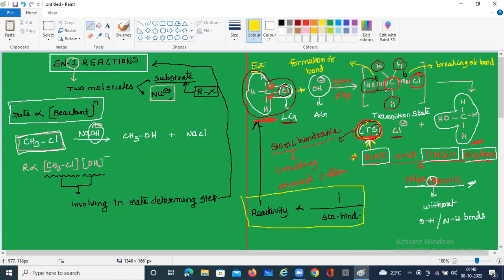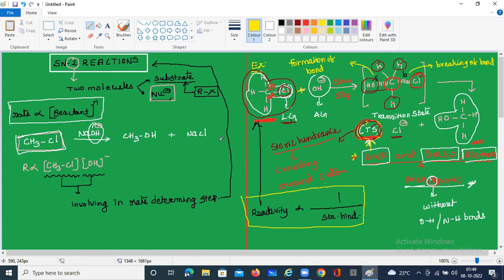That is, if the crowd is more, the reactivity of the substrate is going to be lowered. To say it frankly, there is a proverb in Telugu: when there are more people, the buttermilk gets diluted, isn't it? So if the crowding around the carbon atom is more, then its reactivity will be lowered. Clear, beta?